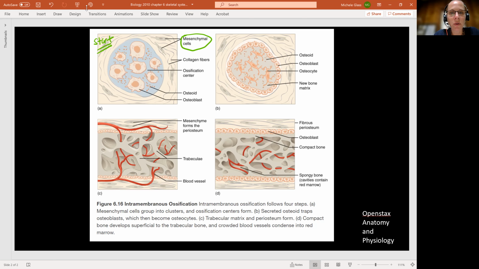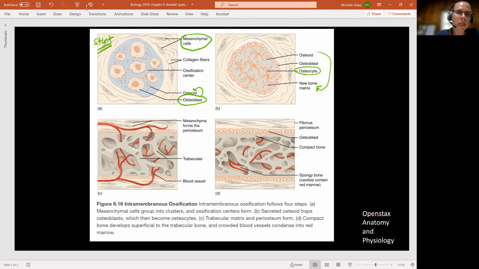And then we see that those cells have clustered together, differentiated into the osteogenic cell, forming that ossification center. And we're seeing that it's those osteoblast cells in the ossification center that are making the osteoid. And so then we start to see that osteoid is becoming calcified. So once it's calcified, we call that a new bone matrix. And so we see that the osteocyte is going to be located in the new bone, still surrounded by the osteoblast, which is still actively secreting and making osteoid.